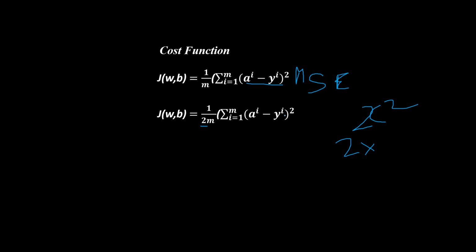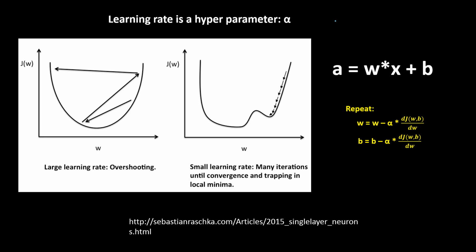Yeah. So learning rate is a very important hyperparameter. It is a hyperparameter because it helps in learning the actual parameters w and b, and we have to be very careful in choosing the value of alpha. If you choose the learning rate very high, it will take a bigger step, and it will just bounce around the cost function.